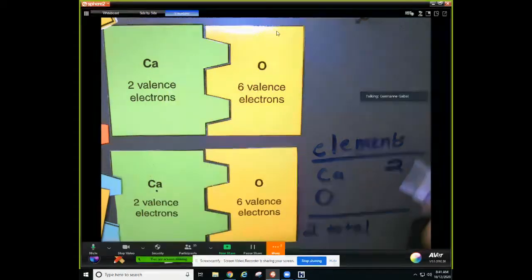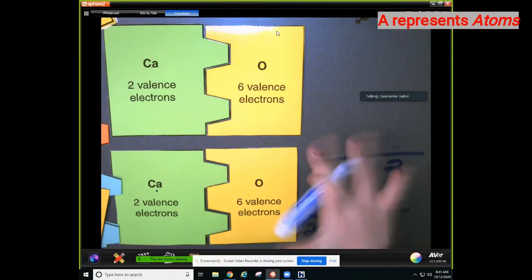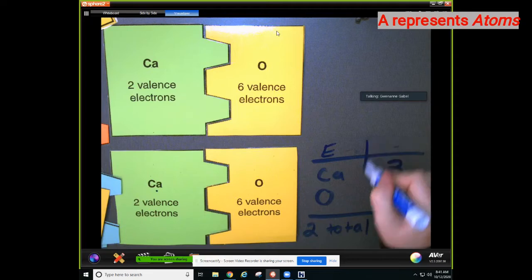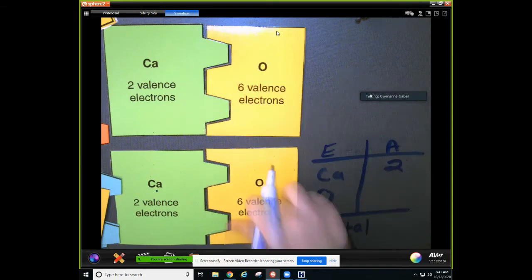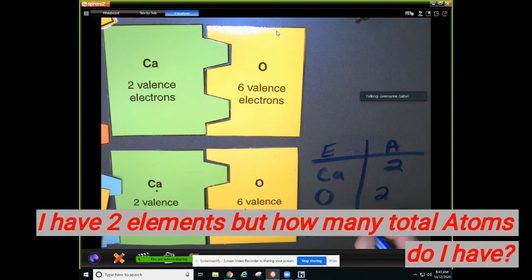What I just counted are atoms, okay? So these are our elements, and these are our atoms. And I have 1, 2 atoms of oxygen. Okay, so I have 2 elements.